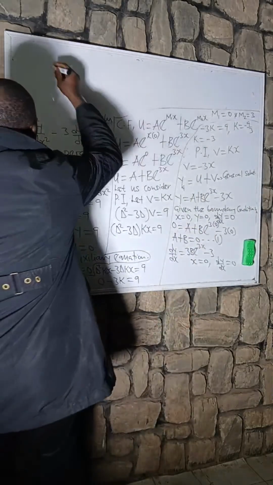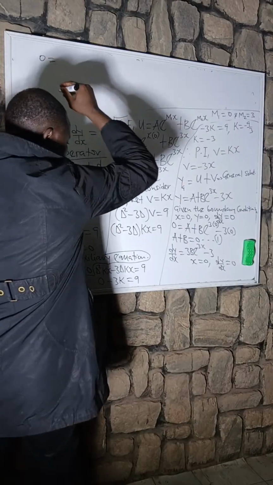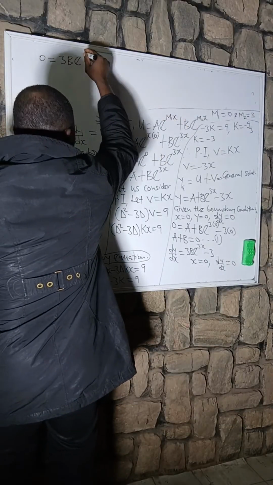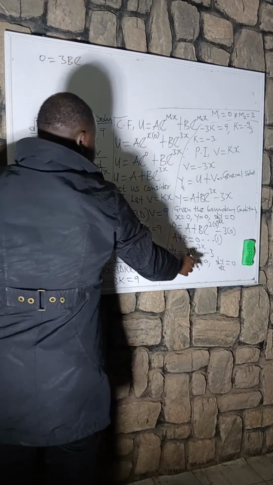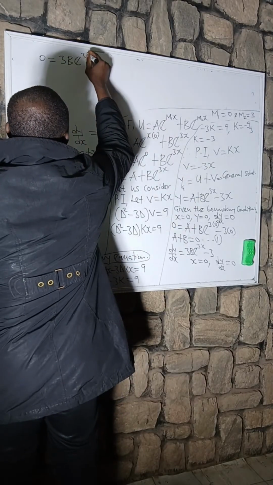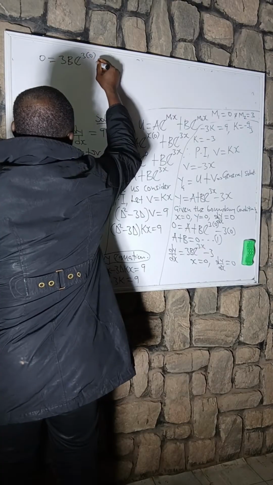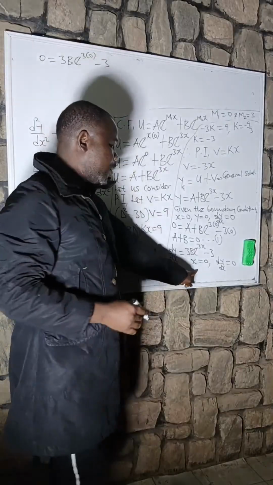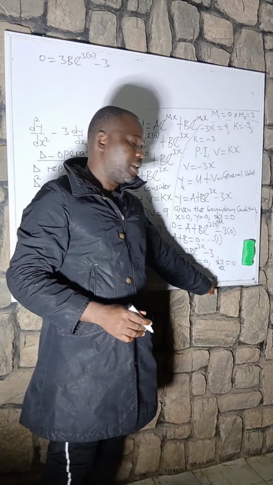So here will be 0 equals 3b exponential, our x is 0, so 3 times 0 minus 3. Because we are applying the boundary conditions here.